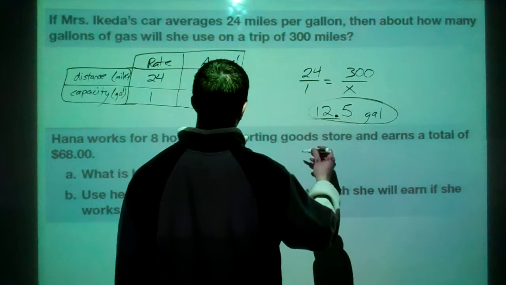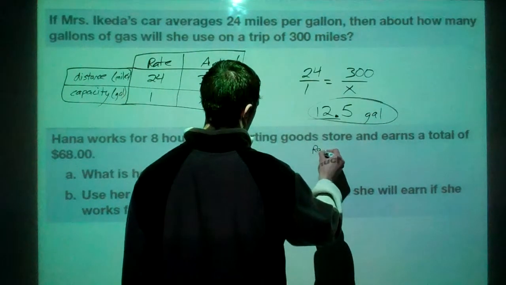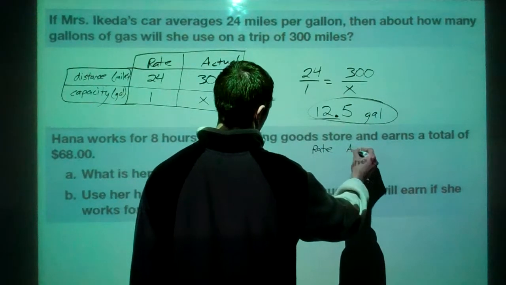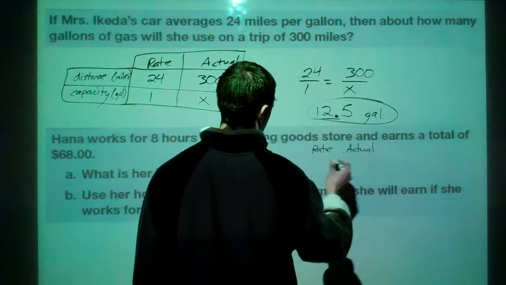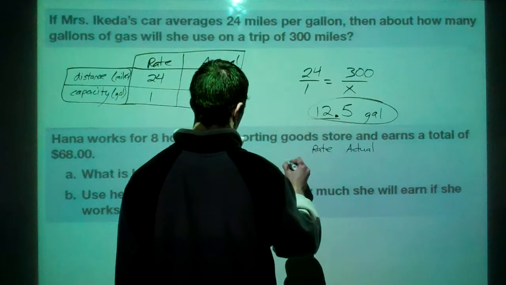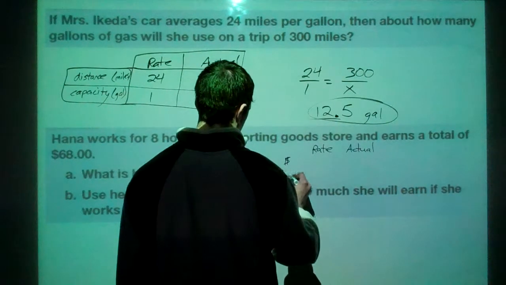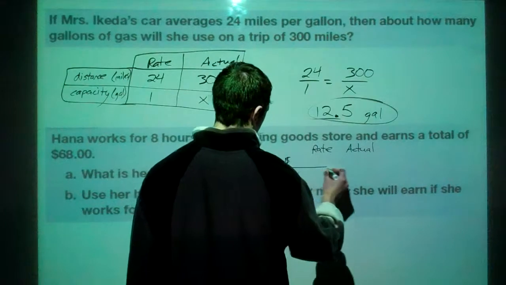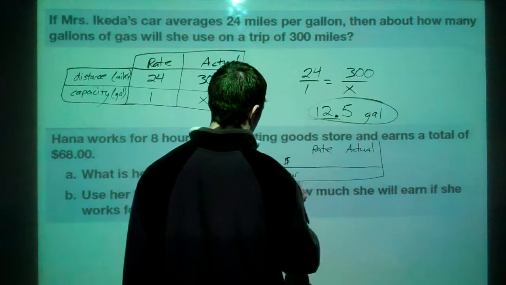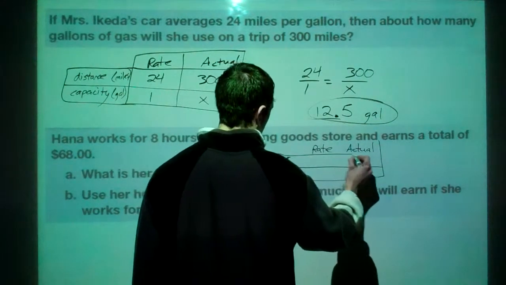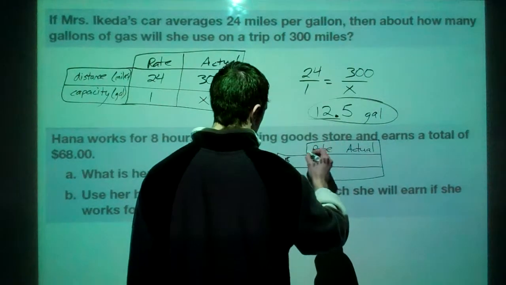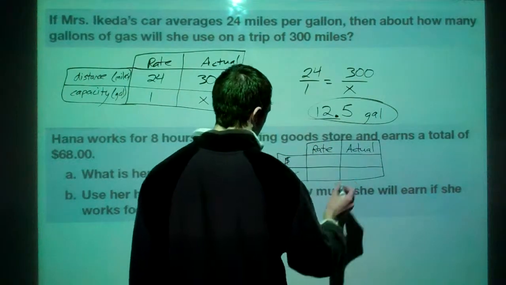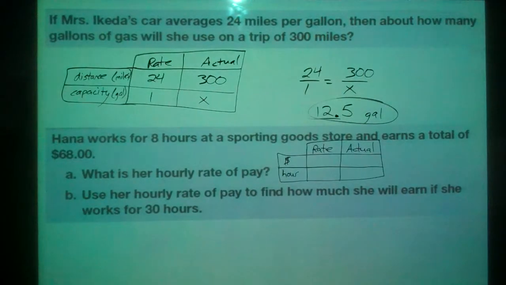Well, that would be rate, actual, and we'll do money. So we're looking for dollars per hour, basically. I'm going to squeeze this table in here. So we're looking for the rate per hour.